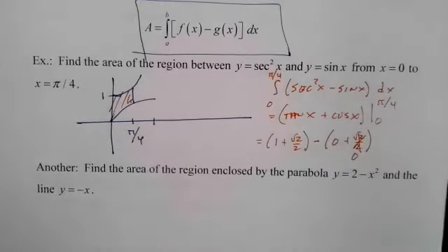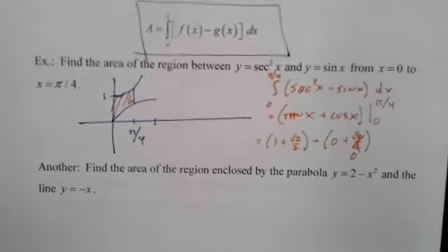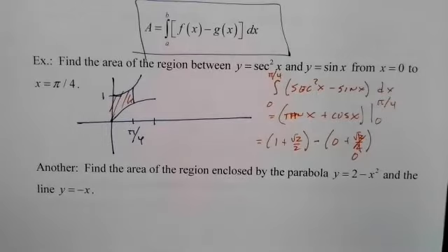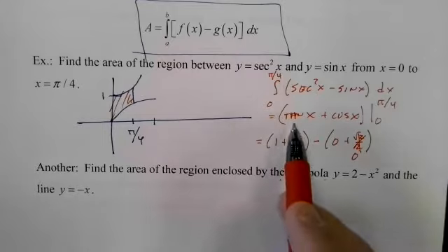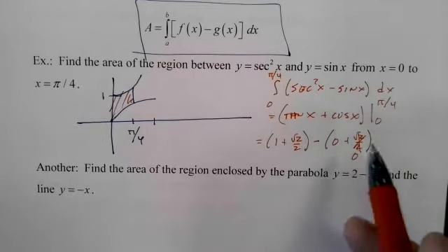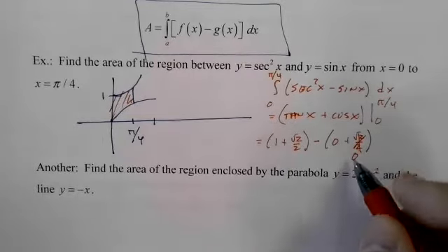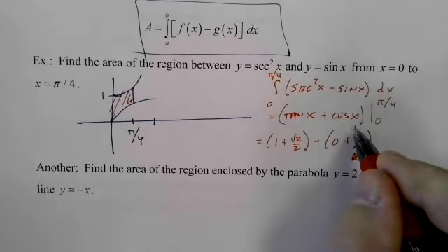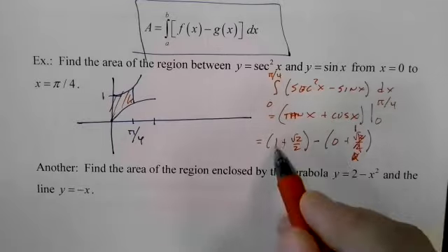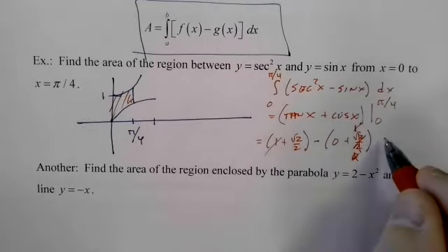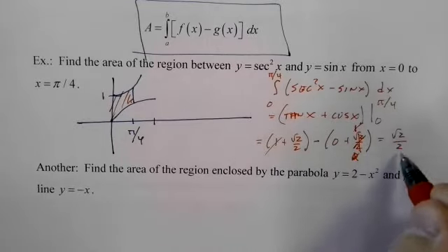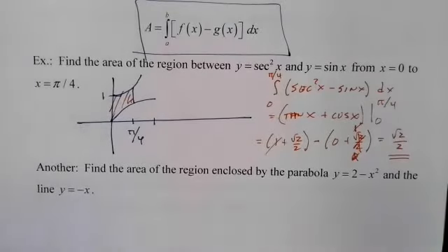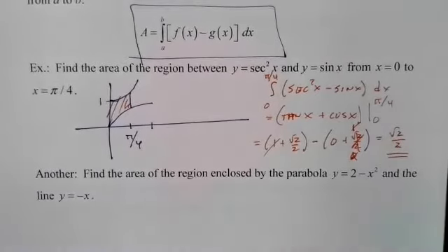Zero. Knew I made a mistake, and I have to do that. I have to slow my brain down. I feel like I've done something wrong here. Nope. Tangent of 0 is 0, and cosine is not 0. Cosine's 1. So 1 minus 1, cancel. Root 2 over 2 minus 1 over... equals root 2 over 2. No units given, so don't give units back, but this would be square units if we got into that.